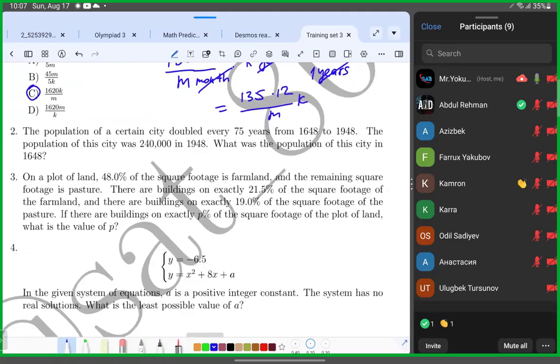The second question. In the second question, the population of a certain city doubled every 75 years from this year to this year. The population of the city was this. What was the population of the city in the earlier year?